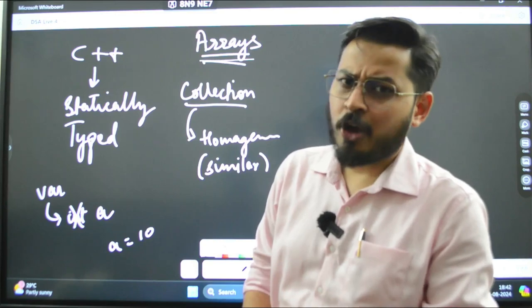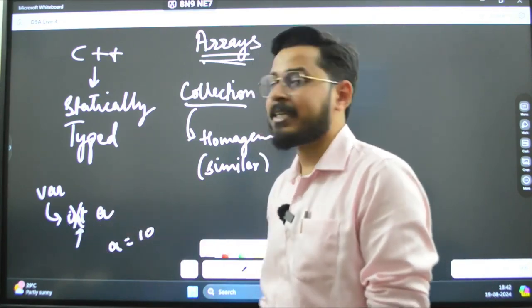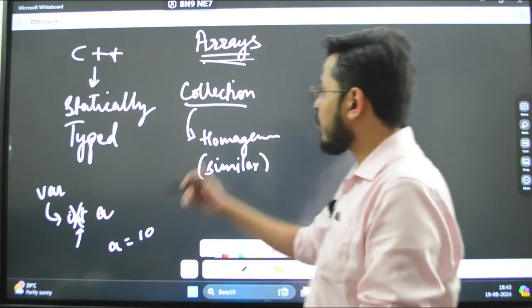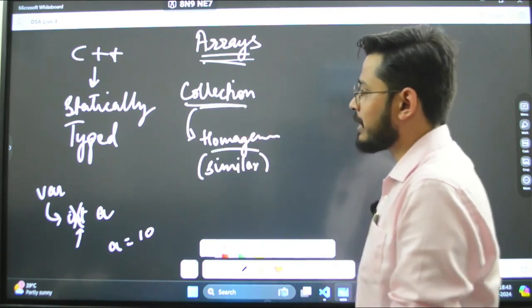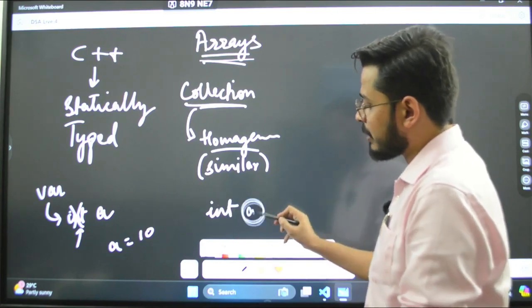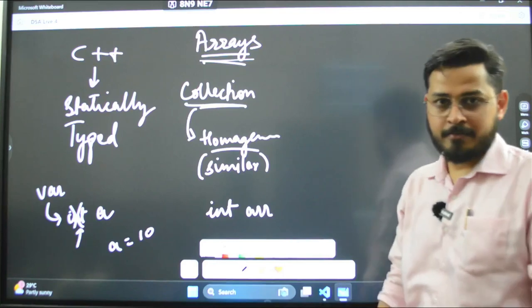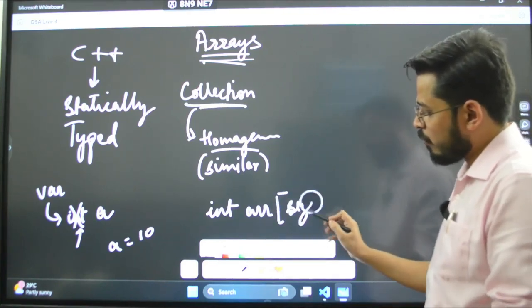When we are talking about a statically typed language, it is required for us to write data types or return types. Very similar to that, because an array is a collection of a homogeneous set of data, we also have to write the data type, and then the name of our array. So I write int ARR, and then we give the size.